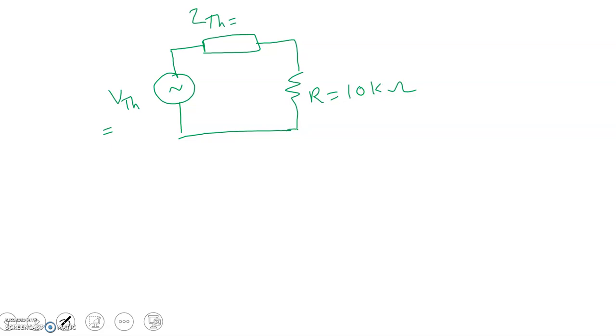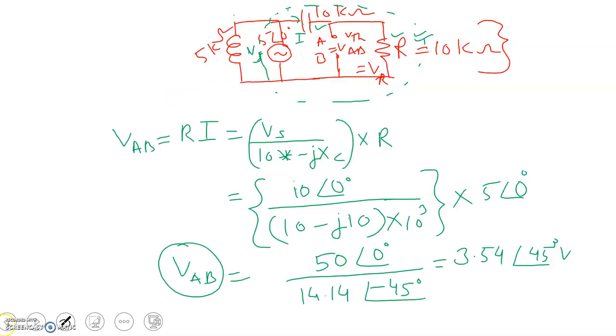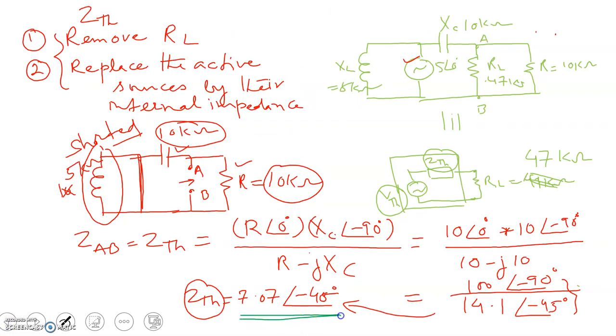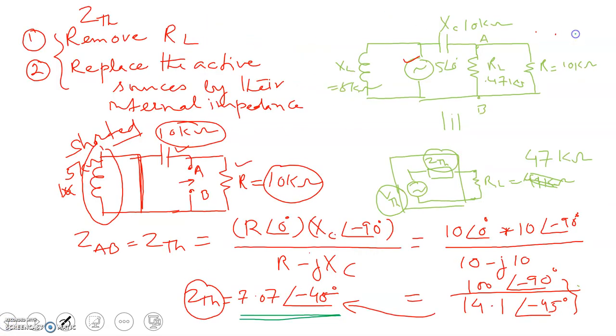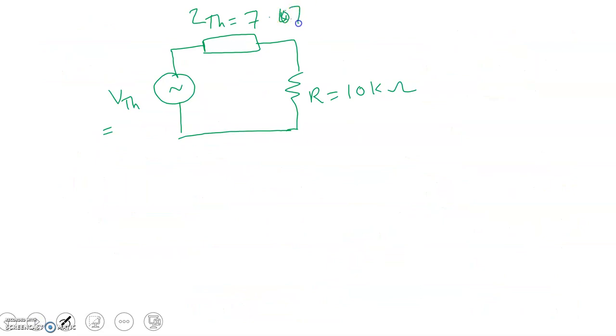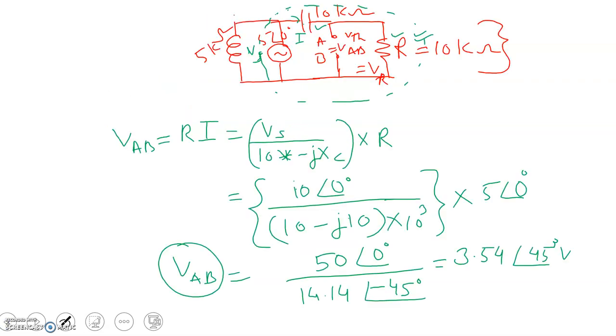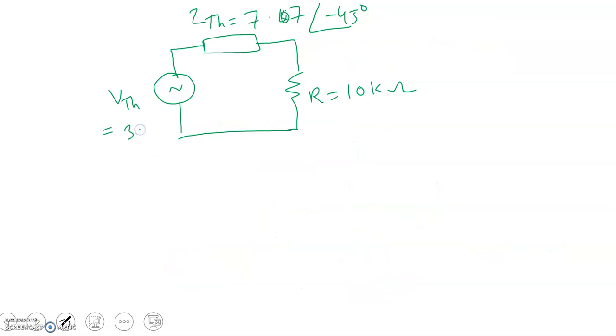ZTH is 7.07 and angle is minus 45 degrees, and VTH we have calculated 3.54 and angle is 45 degrees.